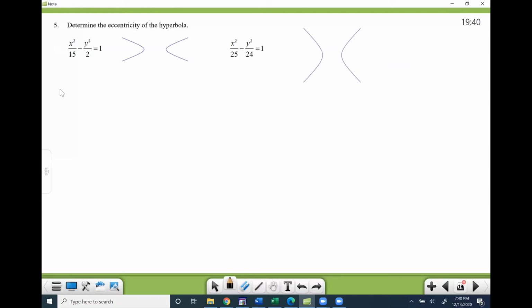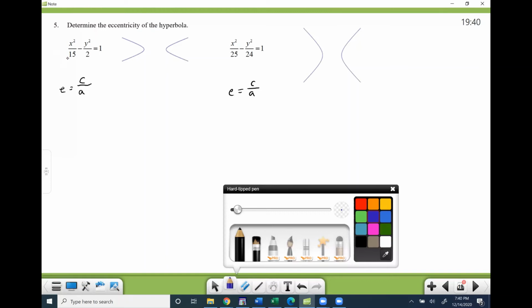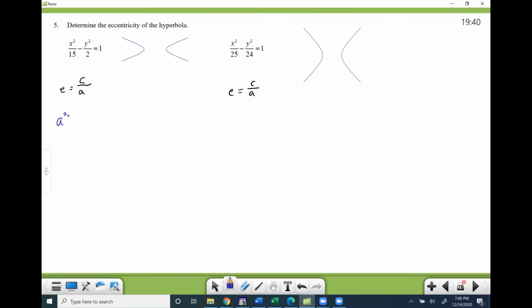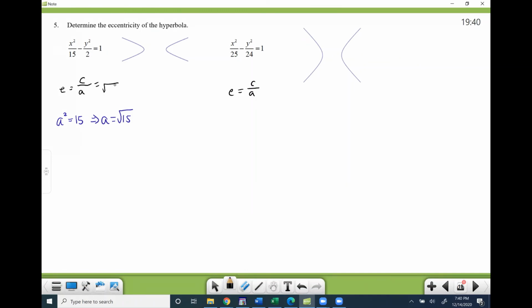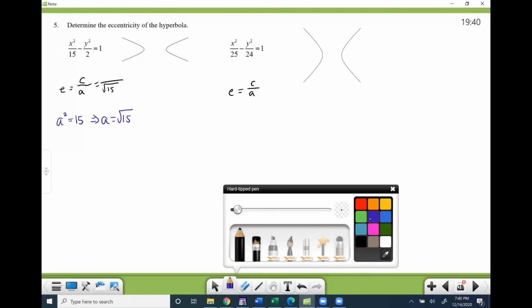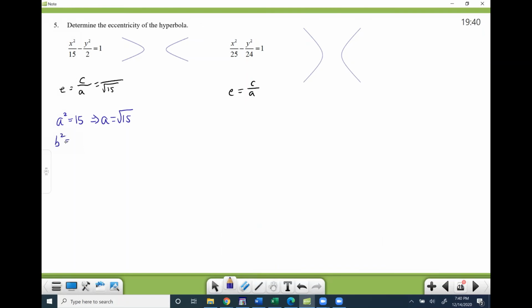So the eccentricity is c over a. From what we're given, a squared is always the first number. So a squared is 15, so we know a is root 15. So as far as the formula is concerned, we've got the bottom. b squared is the second number, the 2.